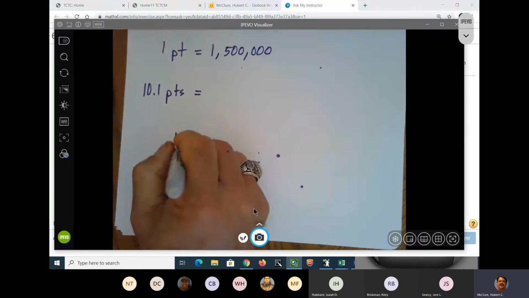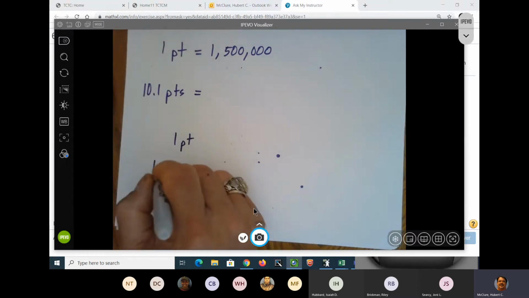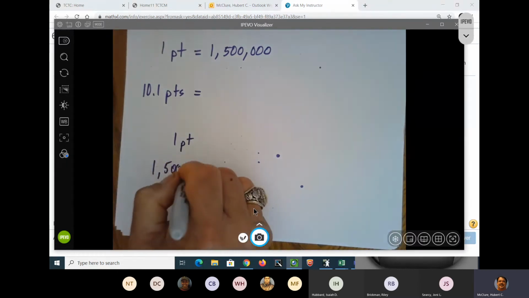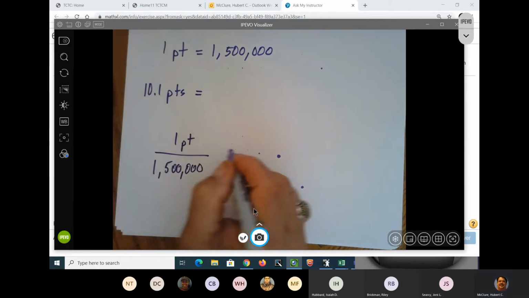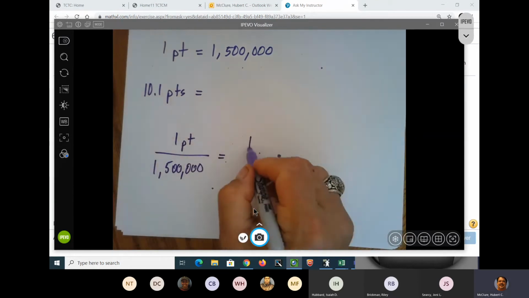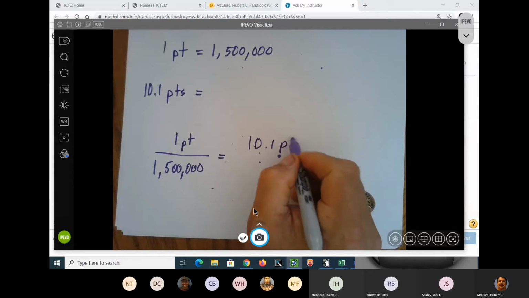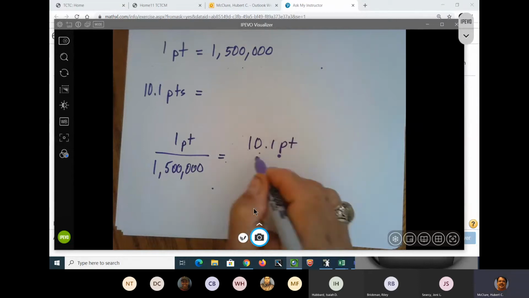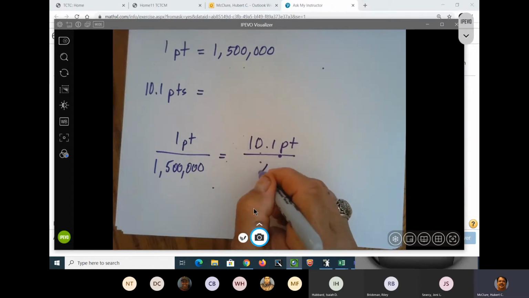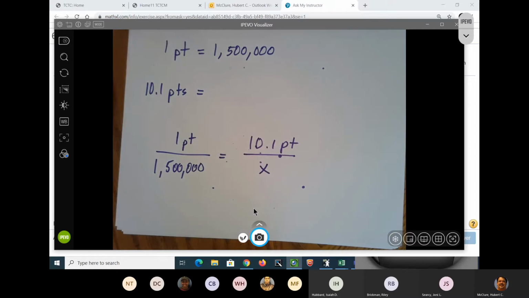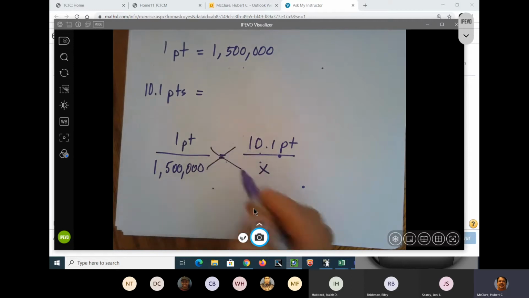1 point is to 1,500,000 as 10.1 points is to X. Cross multiply and solve for X. Basically you're going to multiply.